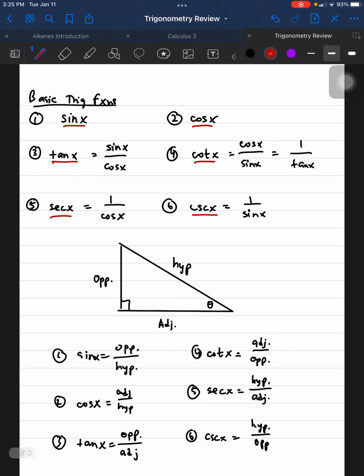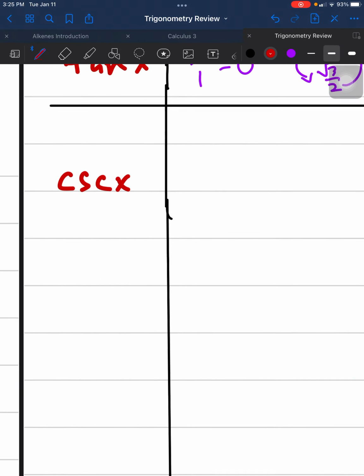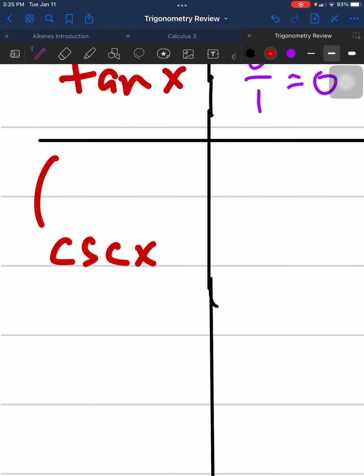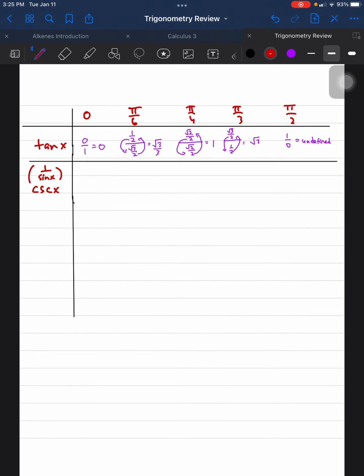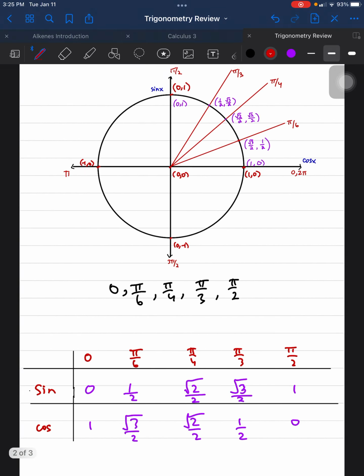Cosecant x. Based off the basic trig functions, we know that cosecant x can be rewritten as 1 over sine x. So we're going to apply that same thing right now. I'll put this in parentheses, 1 over sine x. Let's do the same thing we did with tangent, but instead we use 1 over sine x.